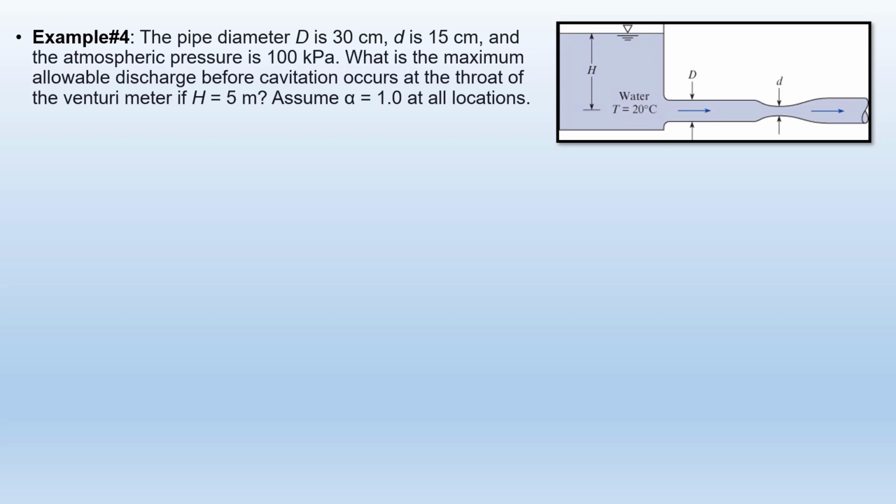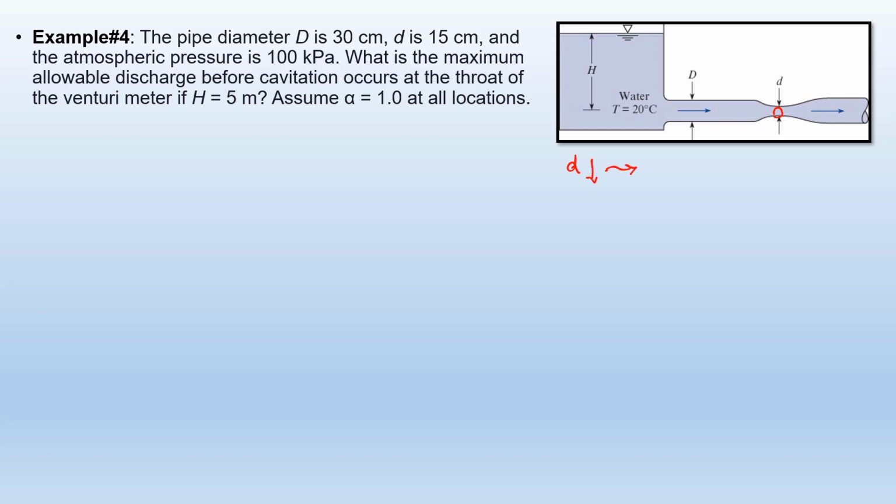meters? Okay, first of all, why might cavitation happen at the throat of the venturimeter? Basically, the throat of the venturimeter is over here. The reason that there's a potential for cavitation over there is that the diameter of the pipe over there is very small.